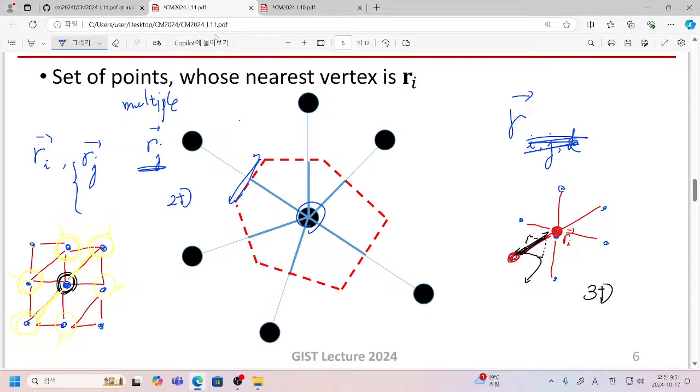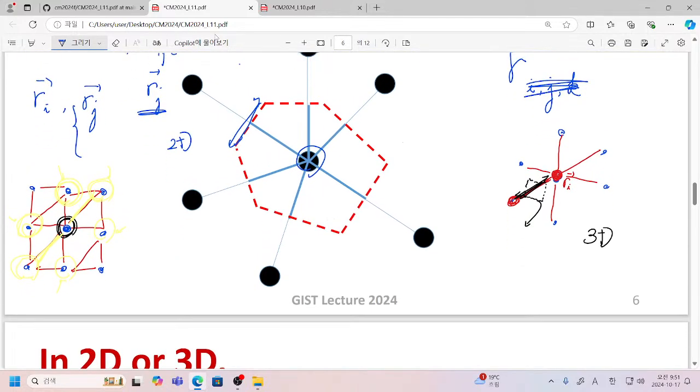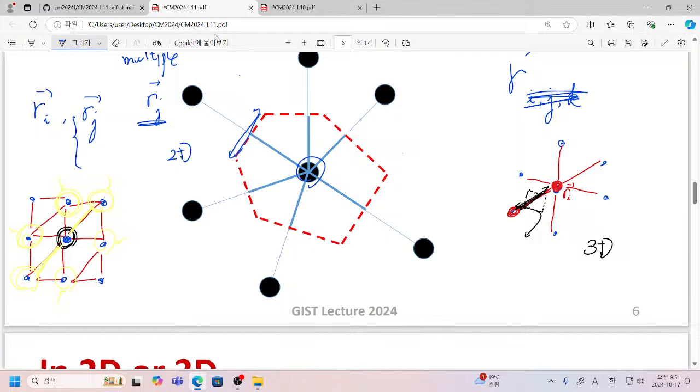Okay, so now we understand these two things. It is easy to calculate the distance, and it is relatively more difficult to calculate this red dashed length, but we will assume that we can calculate this quantity, and this quantity is written as A sub ij.